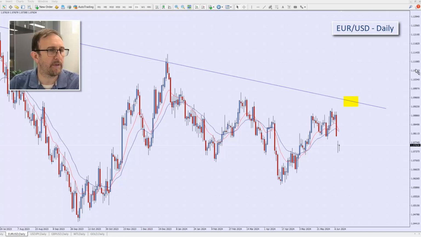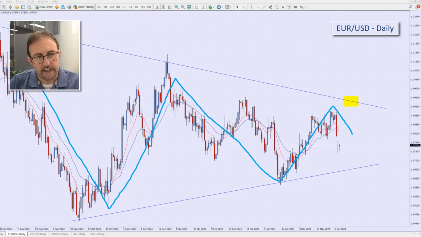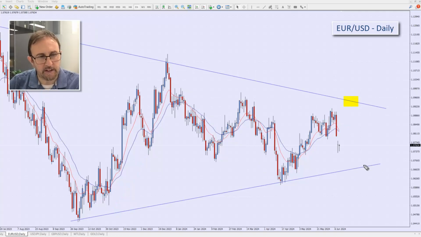Now that has not happened, so instantly what I want to do to this chart right now is put a line down the bottom and create a converging triangle just like we had for the Aussie US dollar. We can see the market's narrowing in, and really I just want to see if perhaps the market's going to come down to here, give me a reversal sign, and then I'll be happy to become a buyer.